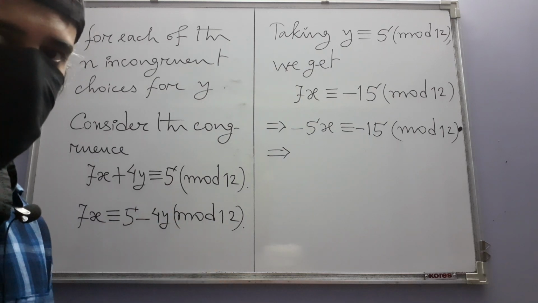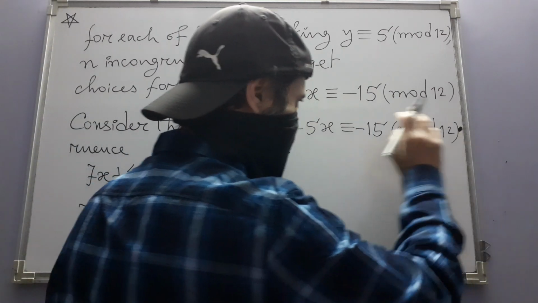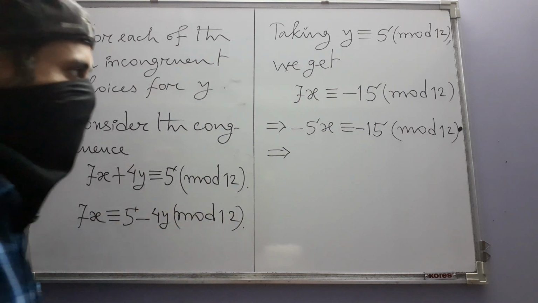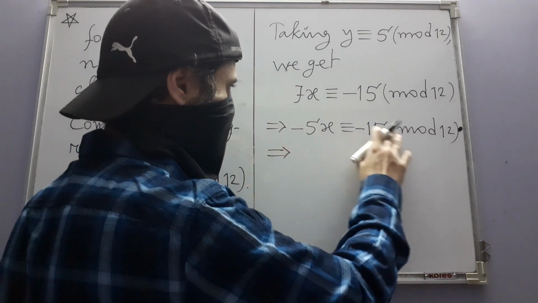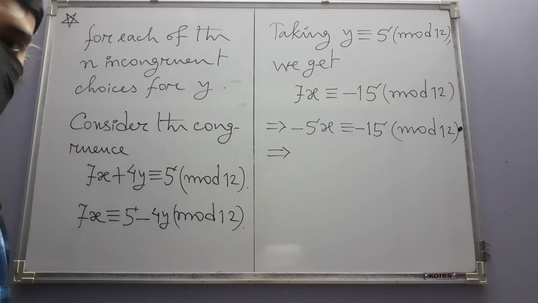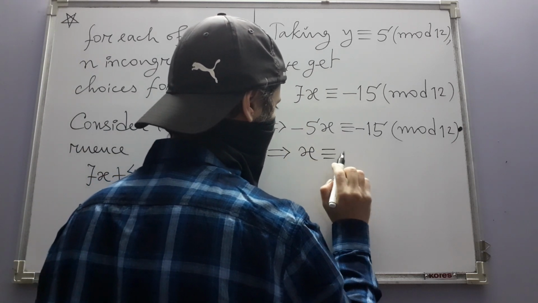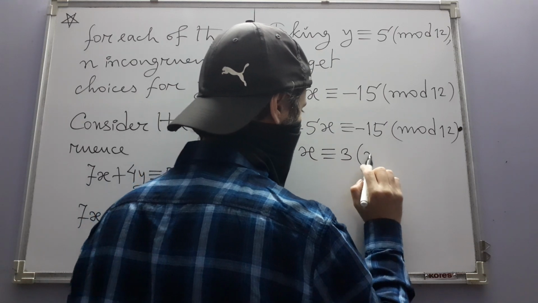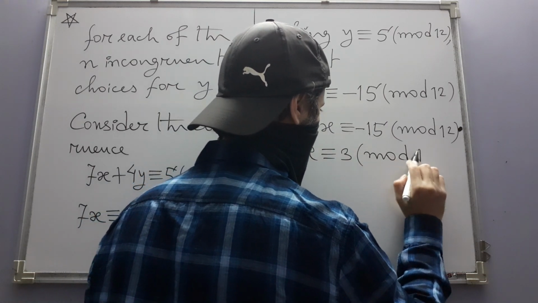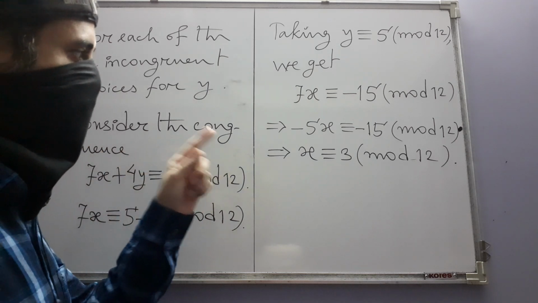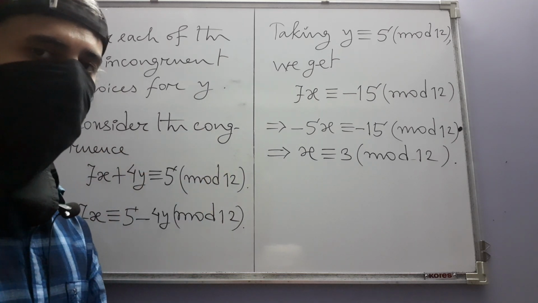Otherwise also you can cancel, but then you will have to change the modulus, divide the modulus by the GCD, and those things are there. In this case, however, because minus 5 is relatively prime to 12, we can simply cancel minus 5 and have this. So for the choice y congruent to 5 modulo 12, you have x congruent to 3 modulo 12.